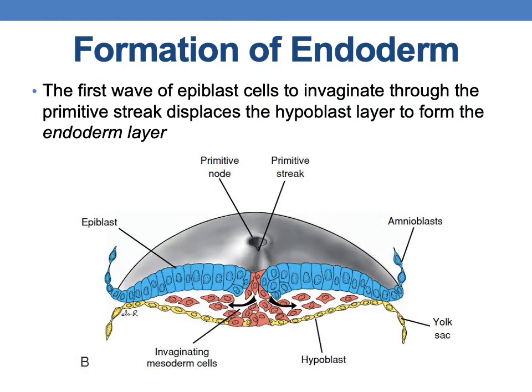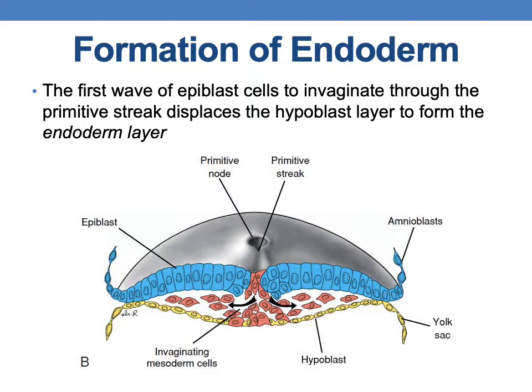Formation of endoderm. The first wave of epiblast cells to invaginate through the primitive streak will head straight for the hypoblast layer of the bilaminar disc. The epiblast cells will wiggle their way in and around the hypoblast cells, eventually displacing the hypoblast layer.